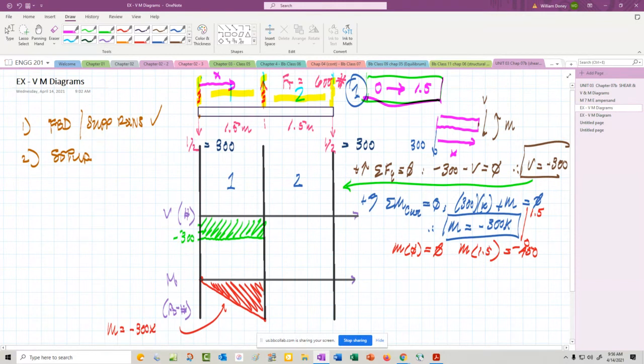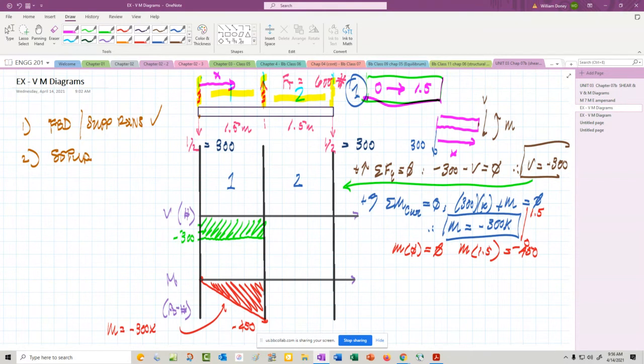It's linear. And it goes down to a minus 450. All right, before I continue, let me ask in the chat, any questions on how I found that? Personally, I think that's pretty cool.